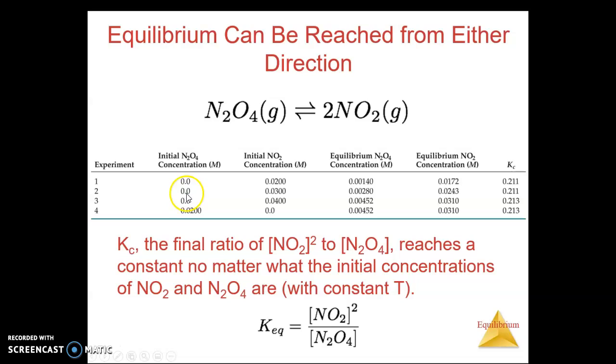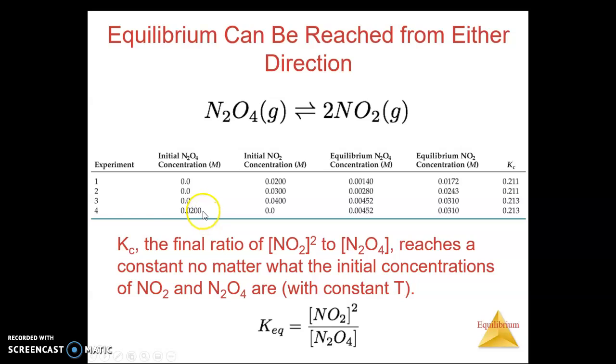Starting off with no N2O4 and initial NO2 at a higher concentration, at equilibrium you get these numbers. So square this, divide by that, and I bet you'll come up with 0.211 or something real close to that. Same thing if you have a higher concentration of NO2 to begin with. You end up with higher concentrations of the NO2 and N2O4 at equilibrium. Divide the square of this by that, you get 0.213.